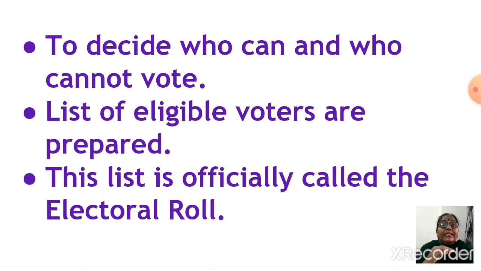This list is officially called the electoral roll, or commonly it is called the voters list. Here is the image of the voter list. Here they have all the details. It is like a booklet. Your name is there, your date of birth, your age, your address. Okay, it is mentioned in the list.